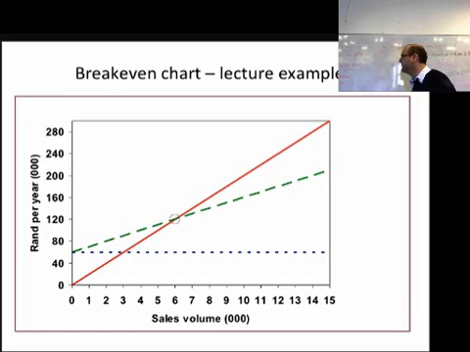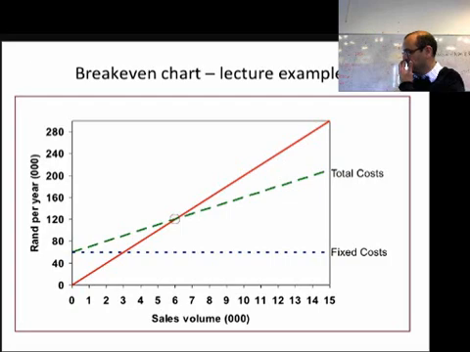So what we're saying with the break-even chart is we've got our fixed costs, which is the blue dotted line along here. With volume, that is going to remain constant. We then have our total cost line, which initially will start at 60,000 Rand, but then as we start incurring our variable costs, our total costs are going to start increasing, aren't they?